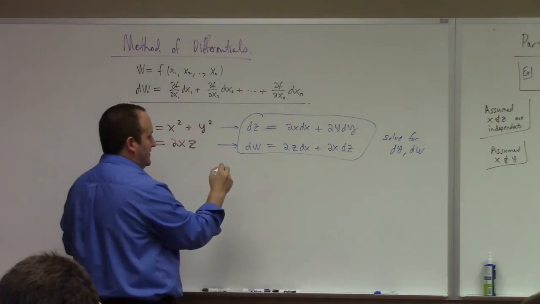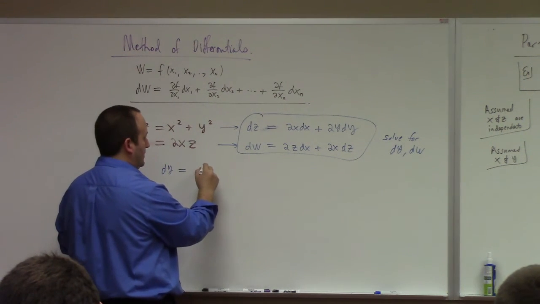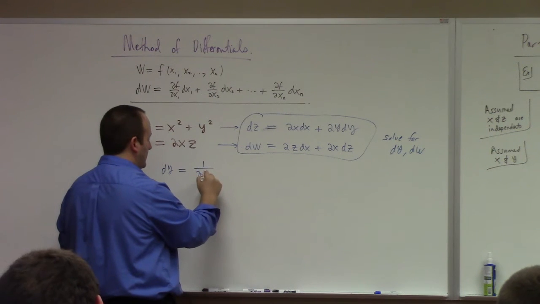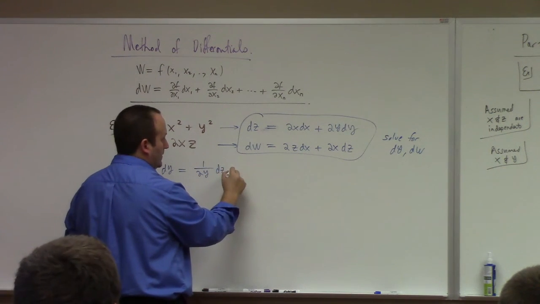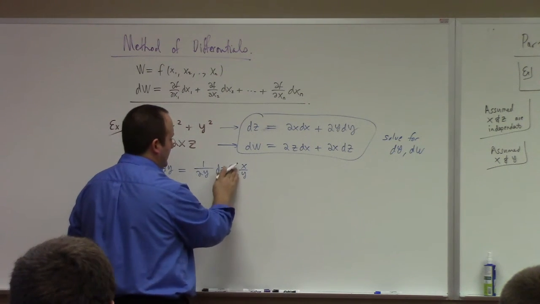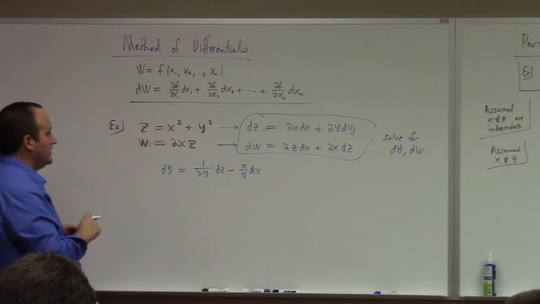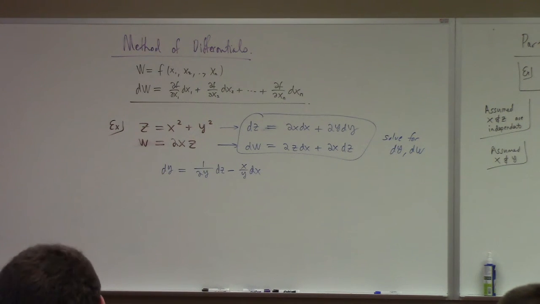Well, y is easy, right? dy is equal to 1 over 2y dz plus x over y, or excuse me, minus x over y dx. So I just solved the first equation for dy. It's pretty simple to do that, right?